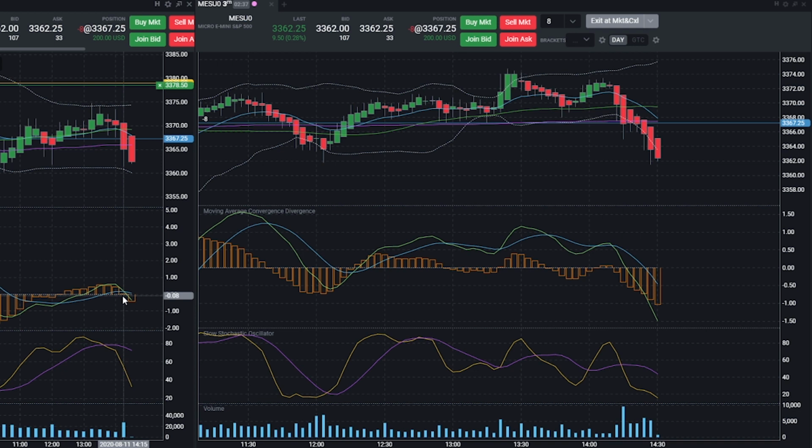Again, if we look at the MACD on the 3, we've got a stair step down, we've got dual break of the 0 line here, okay? We're below 20 on the K line of the stochastic. Again, the settings between the 15 and the 3 are the same ones that I gave you in the course.